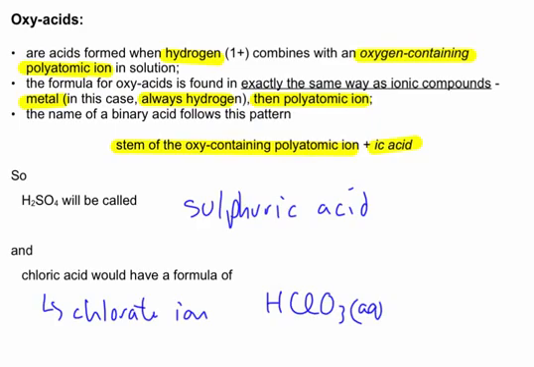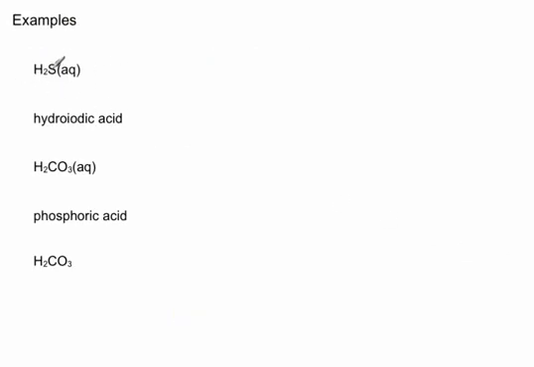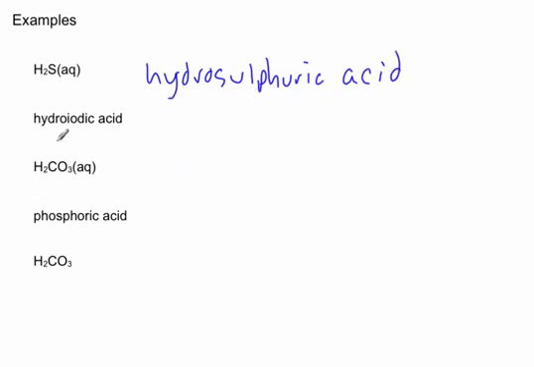So again, oxyacids are not a whole lot different either. Here's a few examples. H2S aqueous, a binary acid, hydrogen and sulfur. It's binary because it's not an oxygen-containing polyatomic ion, so it's hydrosulfuric acid, with that stem of hydro.